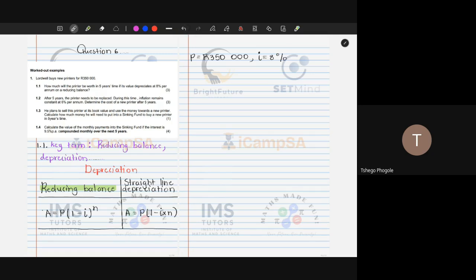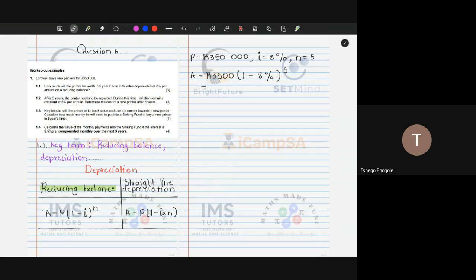And they are trying to assess this printer after N is 5, after 5 years. So we can now go ahead and figure out what is the value of the printers after 5 years. So I need one of you guys to use your calculator with the reducing balance method, 8%, all to the power of 5. What is the answer, guys?